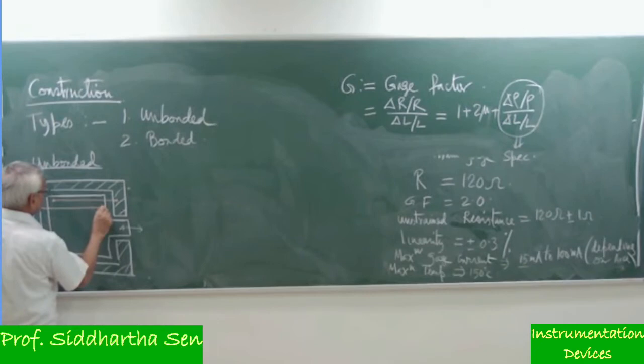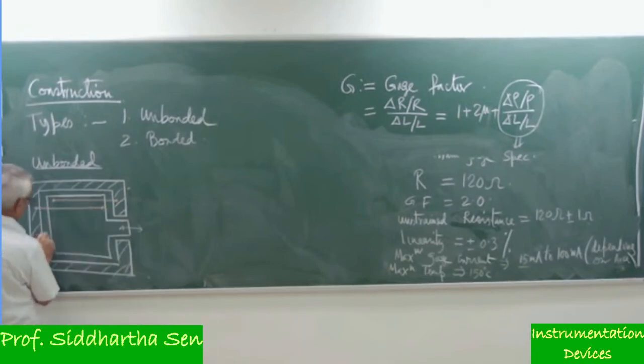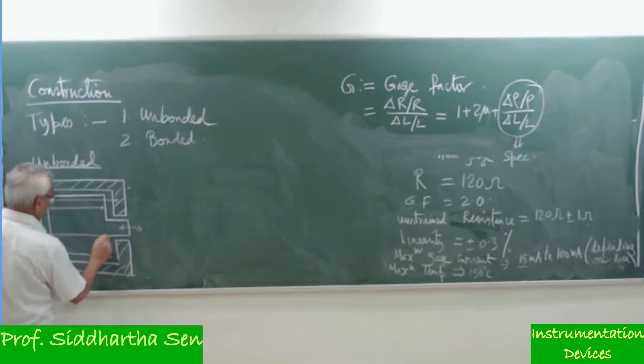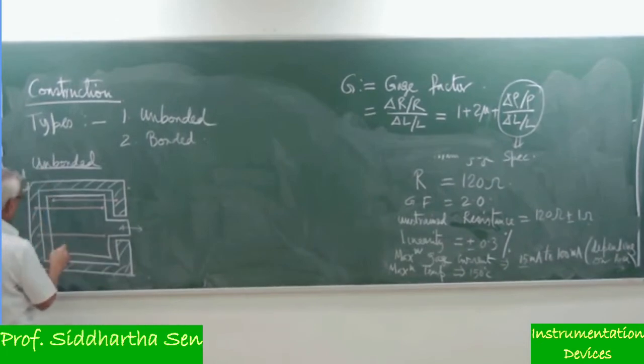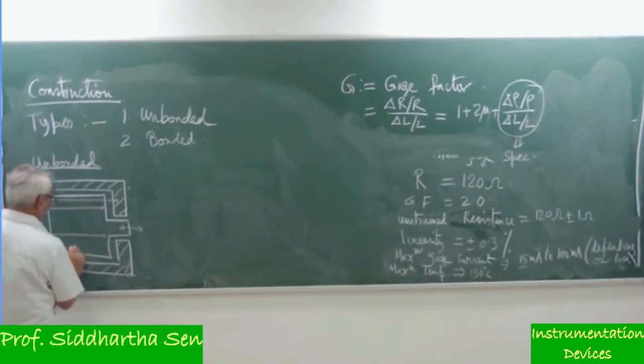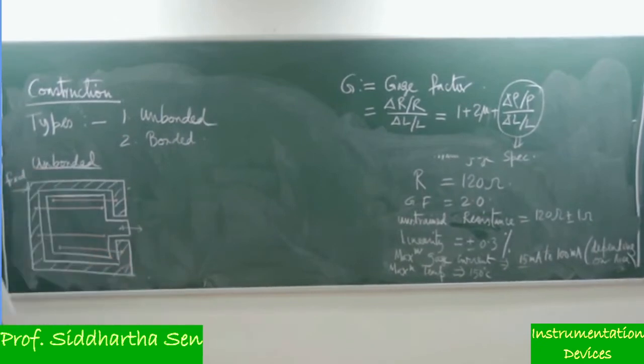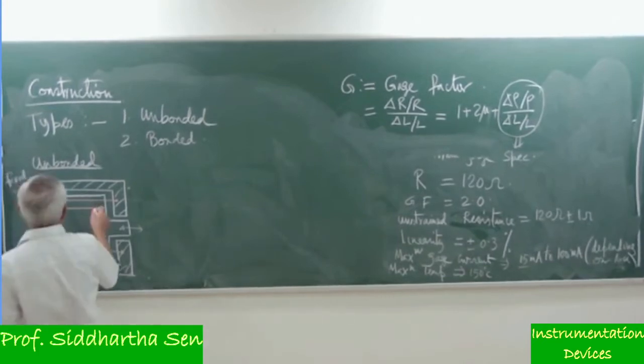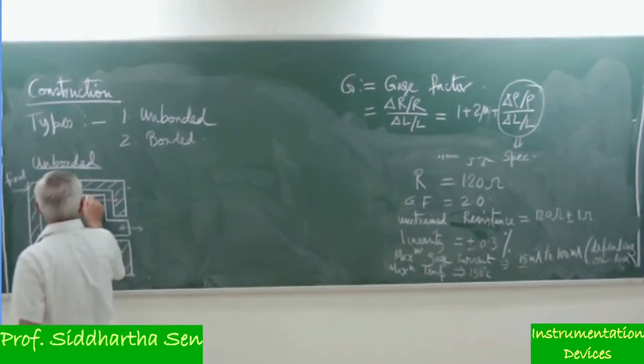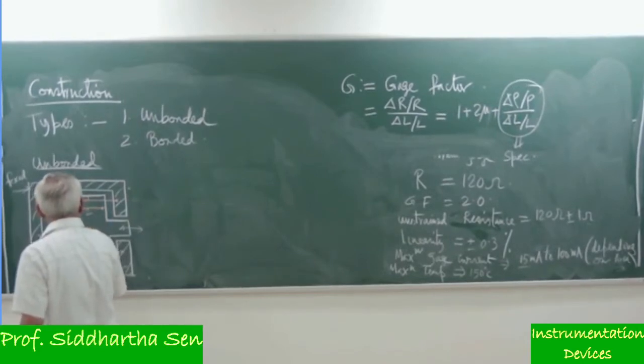Similarly, one between the fixed structure and another one in the moving structure. So let us call them 1, 2, 3 and 4.